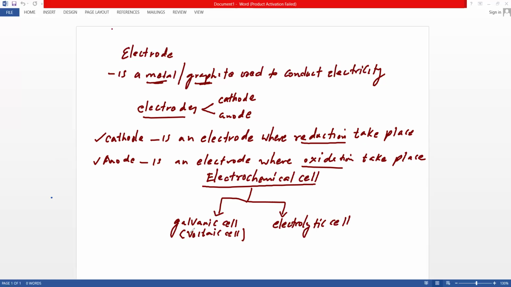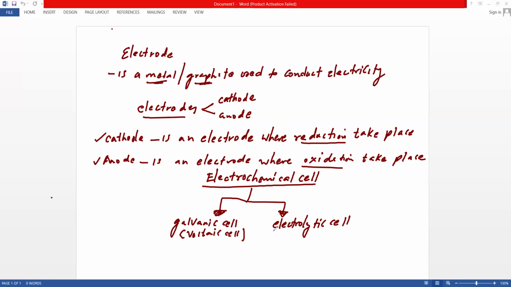These two cells have a difference in terms of energy conversion. So let's talk about the differences.